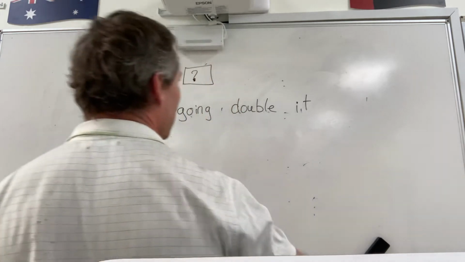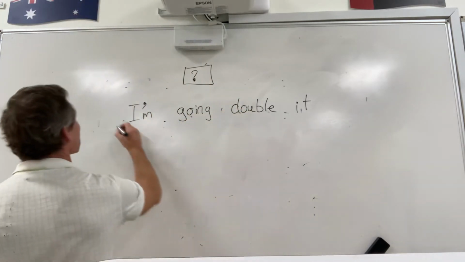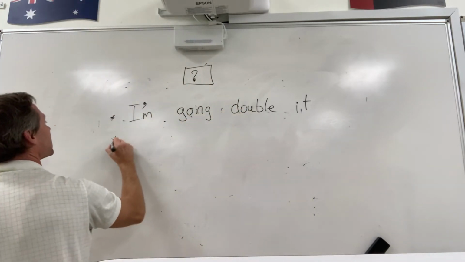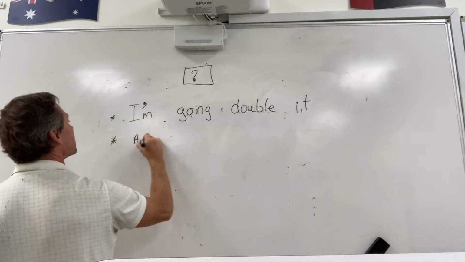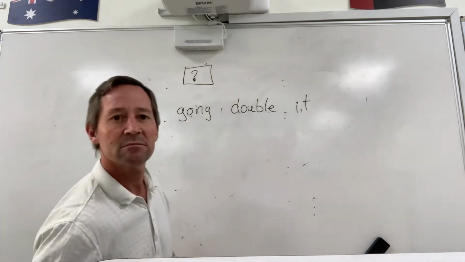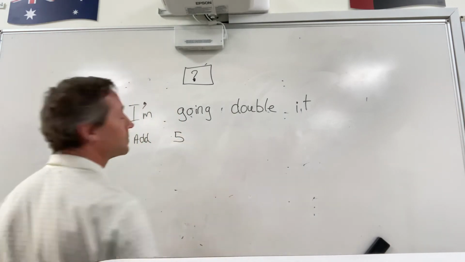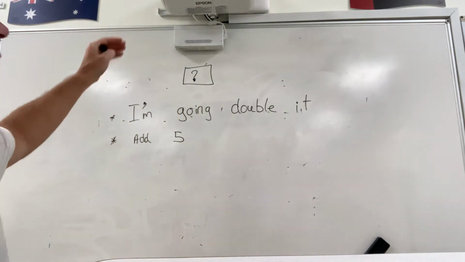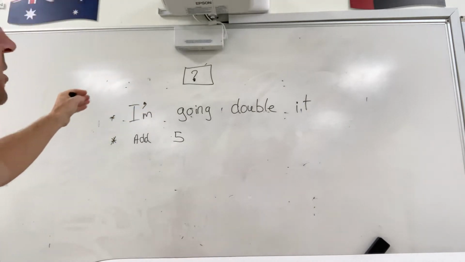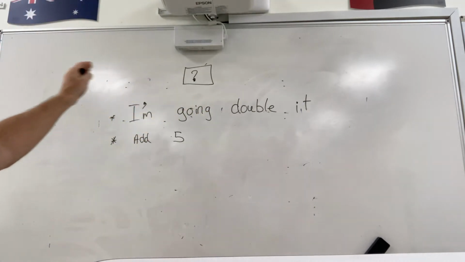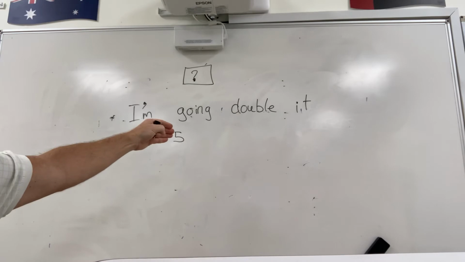The next thing I am now going to add, so first part, next part, I'm going to add 5. So the first part, I've got a number in my head. I'm going to double it. I'm going to add 5.